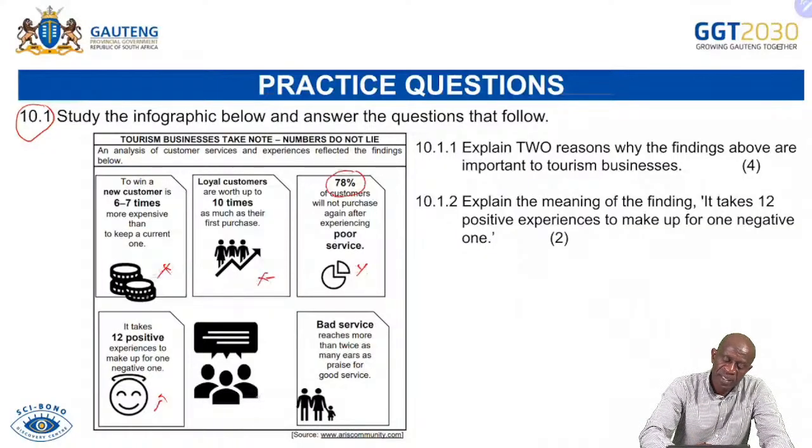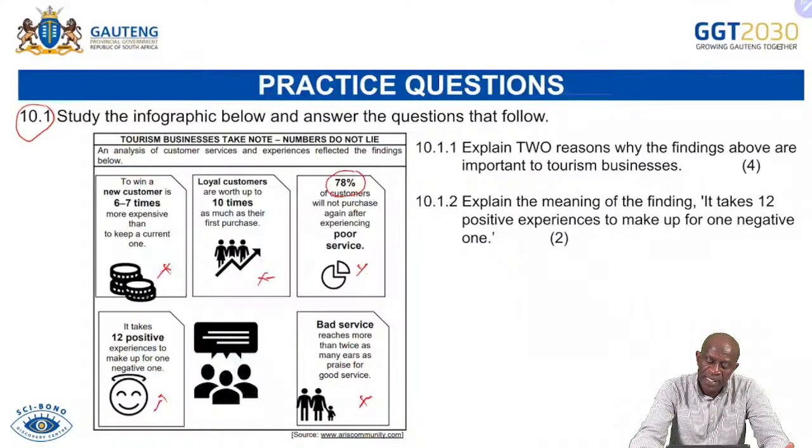And here it indicates people just watching on a screen. It is without information. And the last one, it says, bad service reaches more than twice as many ears as the praises for good service.